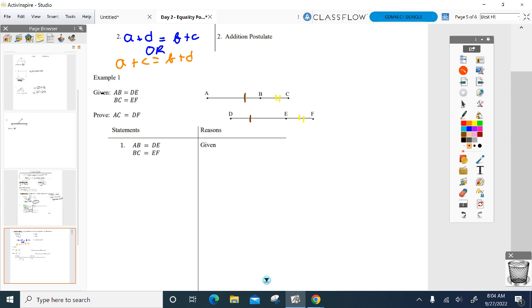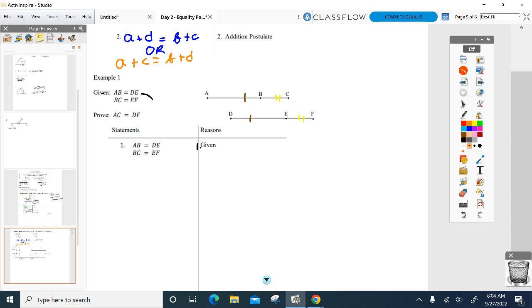Your proof statement is always the last statement in your proof. The givens are always your first statement. In between, that's up to you. How do I get from here to here? Ready? So how do I get from these two being congruent to AC, the whole thing, and DF being equal? That's what we have to figure out together and put it in the right order.